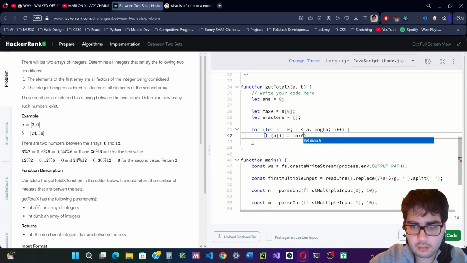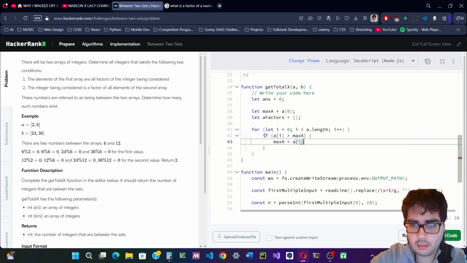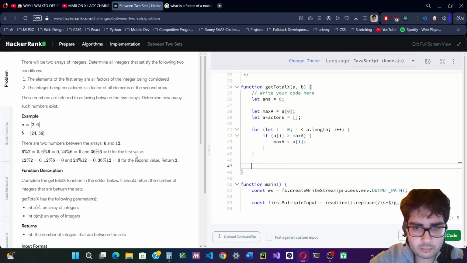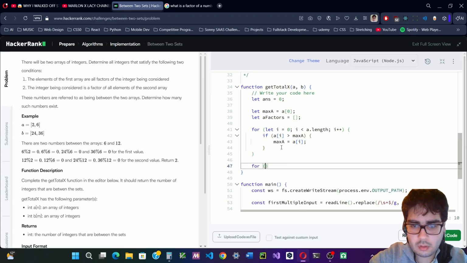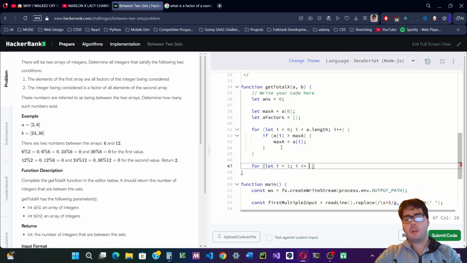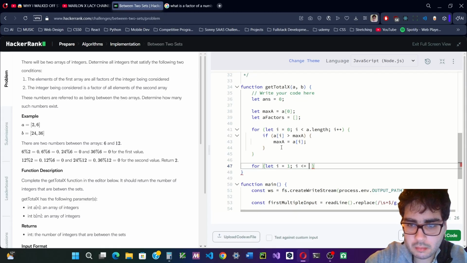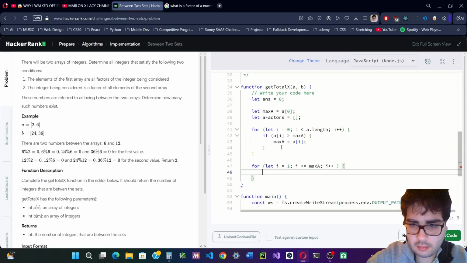Let max a equal a of i. So i equals 1, i less than or equal to max of a, i plus plus.